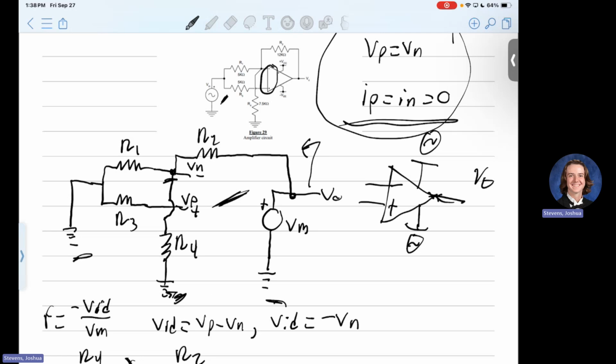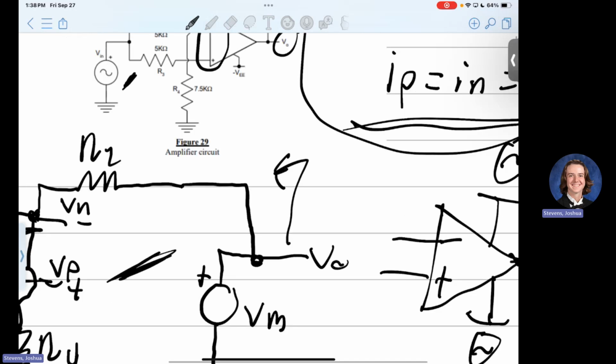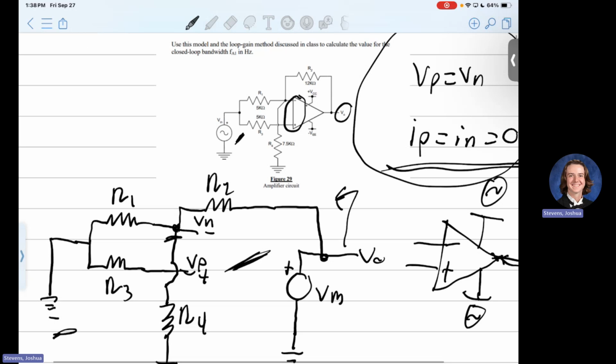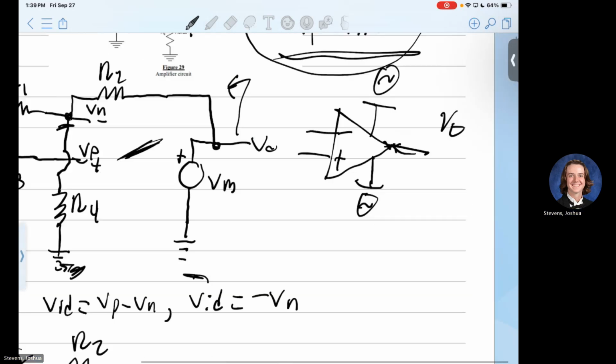The feedback side is this Vout right here, so we only care about stuff right there. When I redraw it, there's no source on the left. When you look at the op-amp here, this would be Vn, this would be Vp. I've kept that there symbolically. We just take out the op-amp and stick in the op-amp model. And the difference between the two is VID, as in VID equals Vp.